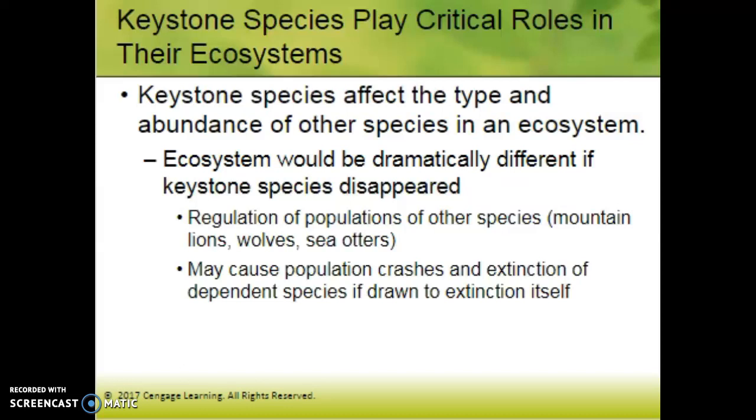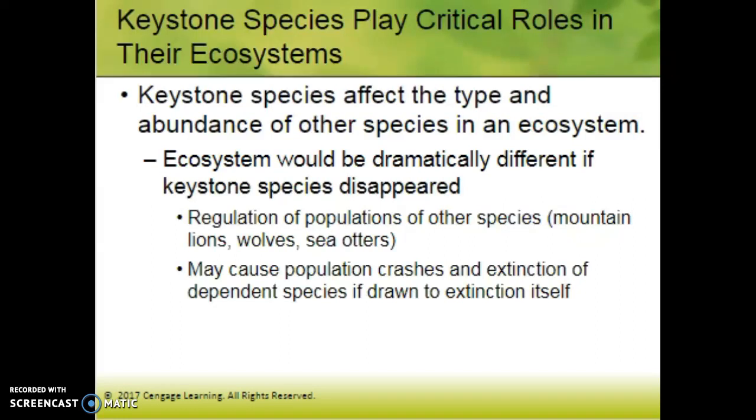Okay, another kind of vocab term is a keystone species. It's called the keystone because they're kind of the most important species in a food web. That's an old architecture term. The keystone is what holds up the building. So an ecosystem would be dramatically different if that keystone species disappeared. So a lot of times we're talking about apex predators, things that are at the top of the food chain.